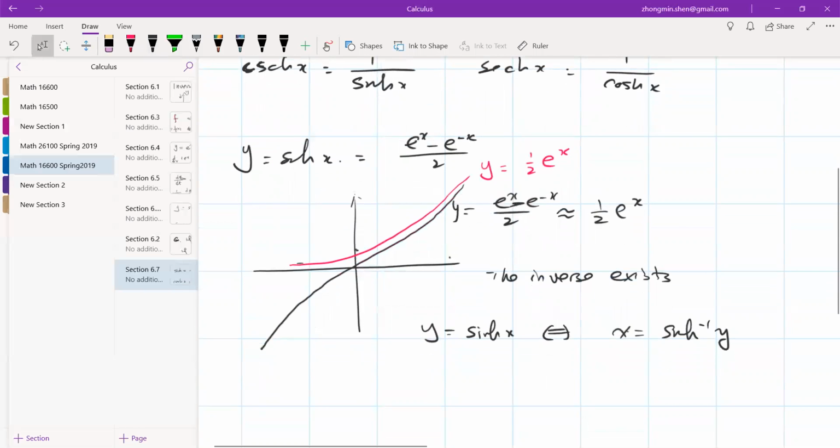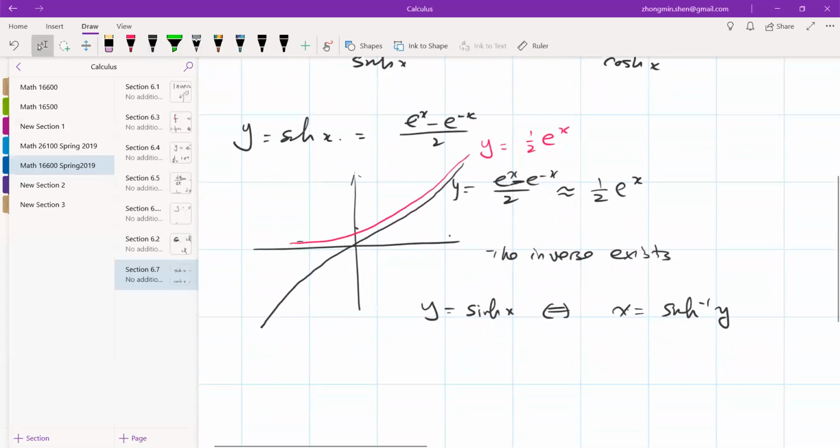So I'm very curious about this inverse function. Since the original function is given by the exponential function, maybe the inverse function can have another elementary formula.